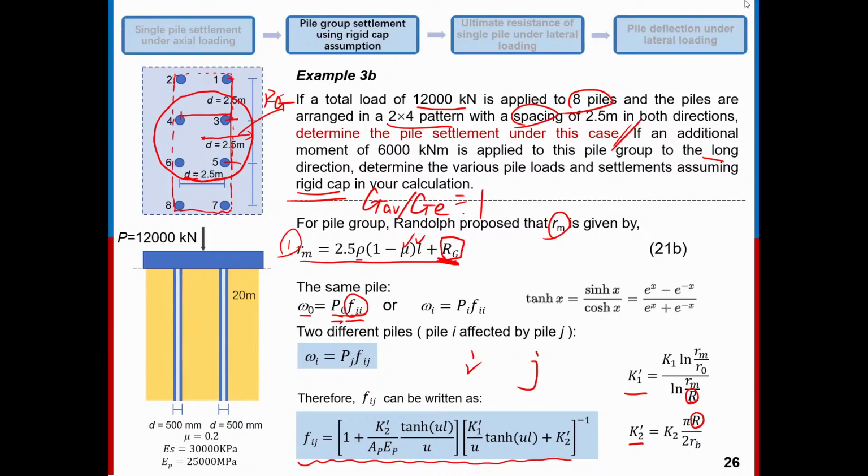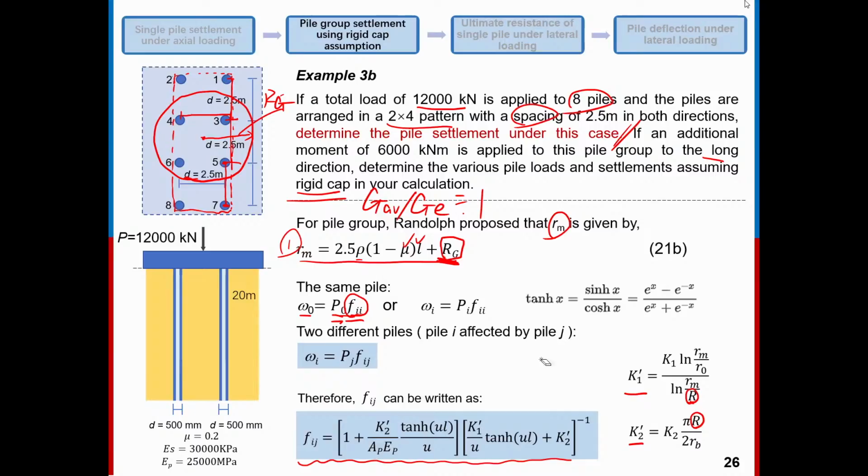Center to center distance. For example, center here for pile 5, center here for pile 7. So for the center to center spacing, for example F5,7, if we are going to calculate this one, the R here is equal to 2.5, right? 2.5 center to center distance.